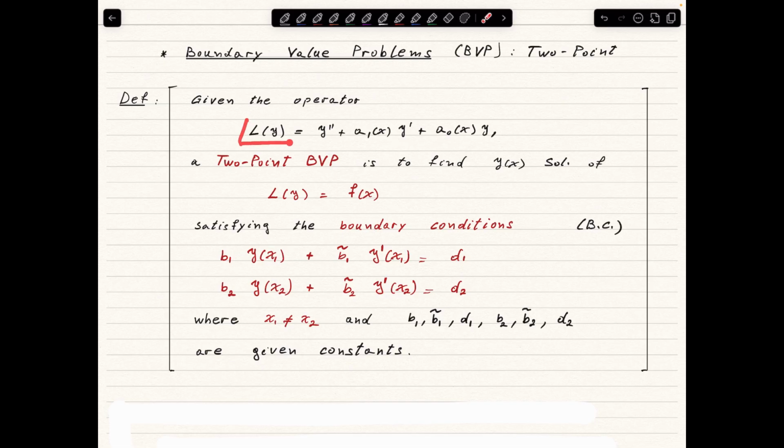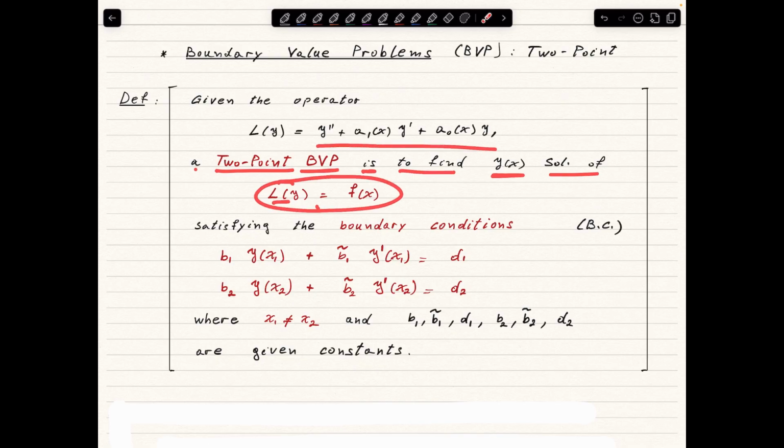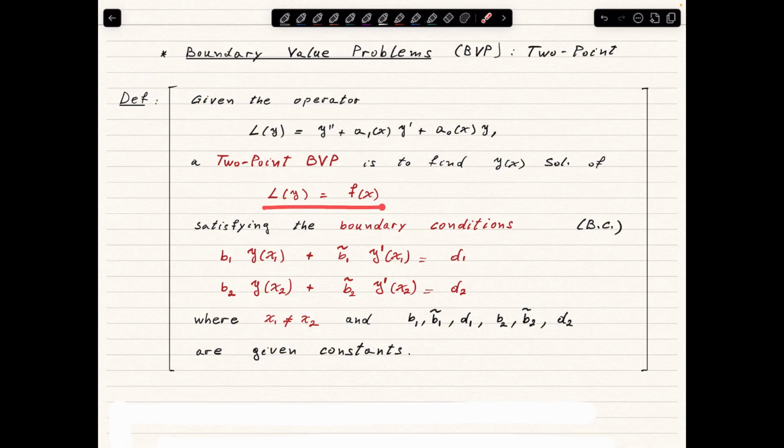So this is a linear operator we are familiar with, and a 2-point boundary value problem is the following: to find a function y of x, solution of this differential equation. You see the operator is on the left side. The solution must satisfy what we call boundary conditions.